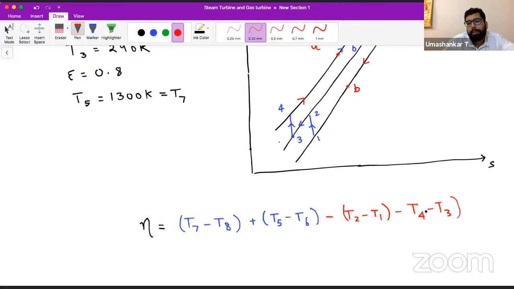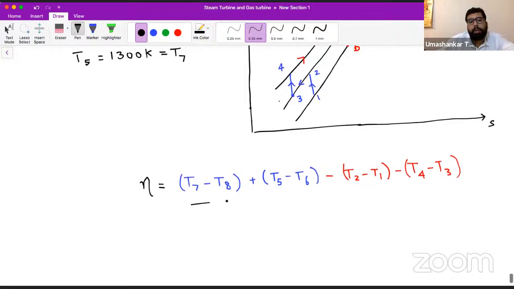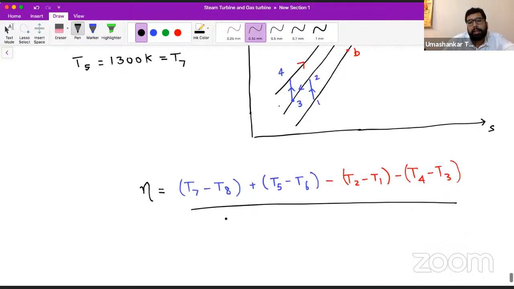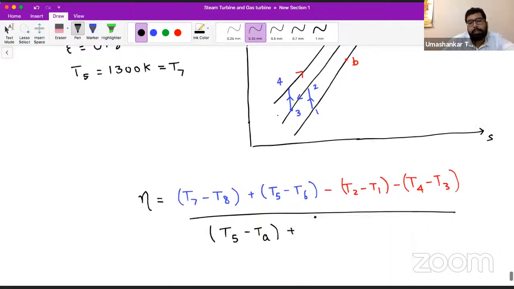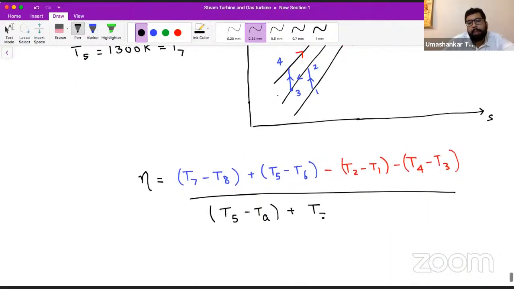This is the compressor work upon the heat added. So heat added is T5 minus TA, because there is regeneration also. So T5 minus TA plus T7 minus T6.